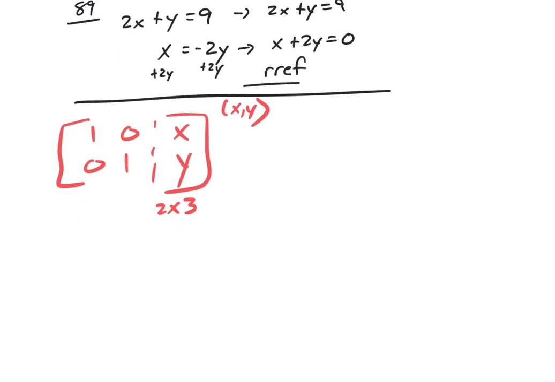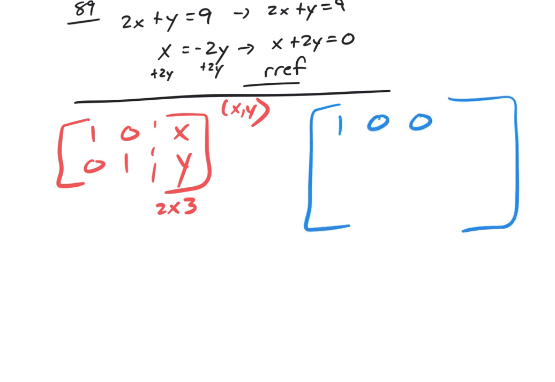Same thing for a 3 by 4. In this case, the RREF should look like this. Okay, if the left-hand side looks like this, you have a diagonal of ones with zeros in every other spot, then x, y, z is my answer.